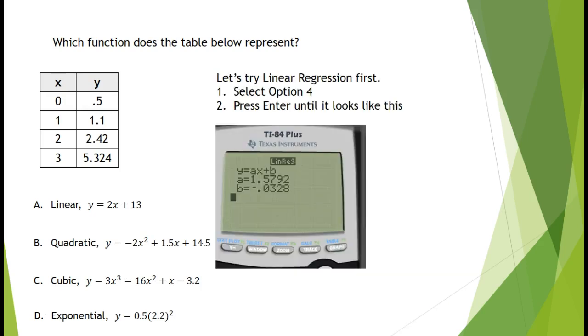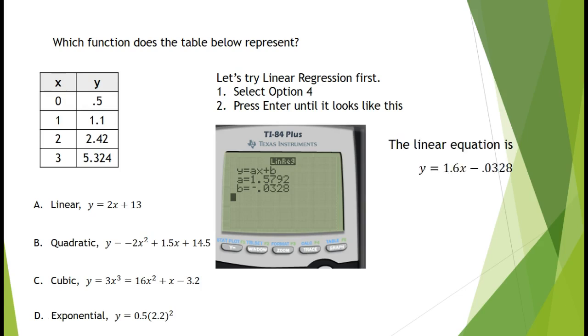let's try linear regression first. So we're going to press Stat, tab over to Calc, and select option 4. That's not written there, so listen carefully. We're going to press Stat, tab over to Calc, and select option 4, and then press enter until it looks like this.